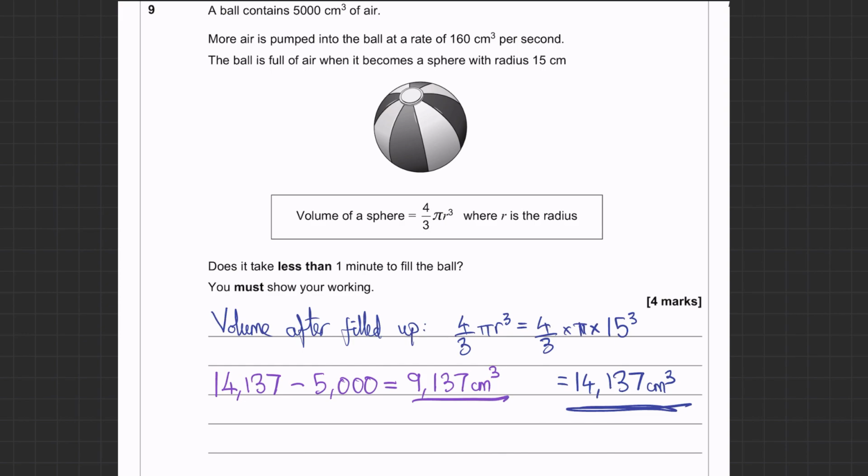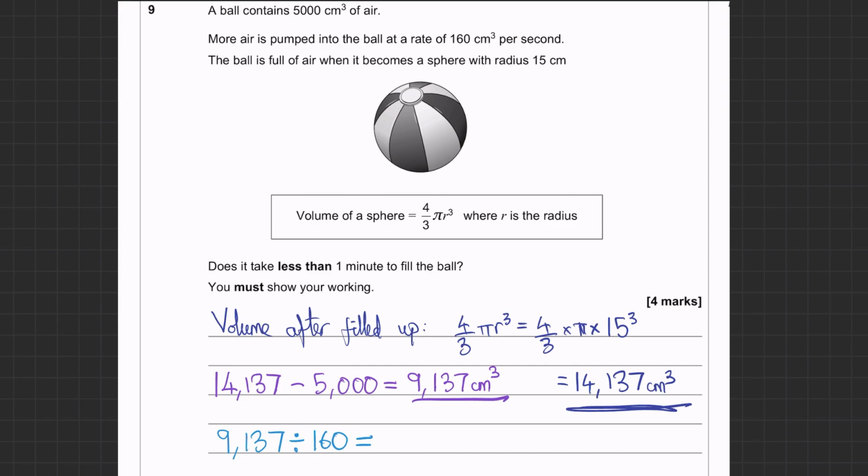Our final step then, we need to figure out how long it's going to take to fill the ball with the remaining air. So 9,137 is the amount of air, and it's going to be filled at a rate of 160. So we can do the calculation 9,137 divided by 160, because that's how much will be filled per second.